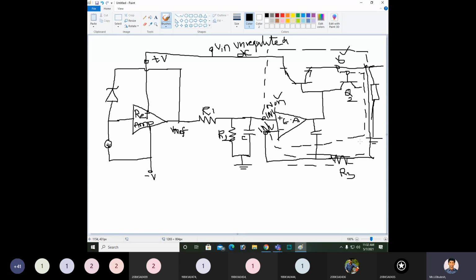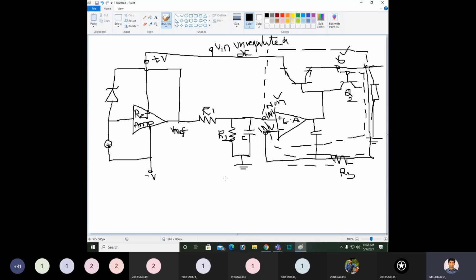The output of the error amplifier decides the pass transistor Q1, so as to minimize the difference between the non-inverting input terminal and the inverting input terminal of the error amplifier.